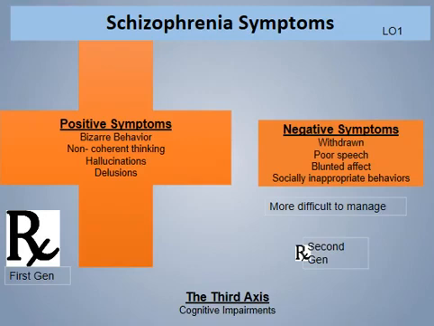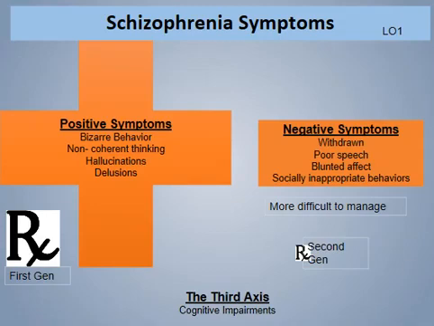In contrast, the negative symptoms are a bit more difficult to manage. These patients exhibit withdrawn social behaviors, poor speech. They can sometimes show a blunted affect, and sometimes they also demonstrate socially inappropriate behaviors. These symptoms are more often treated with second-generation drugs, although not as well.